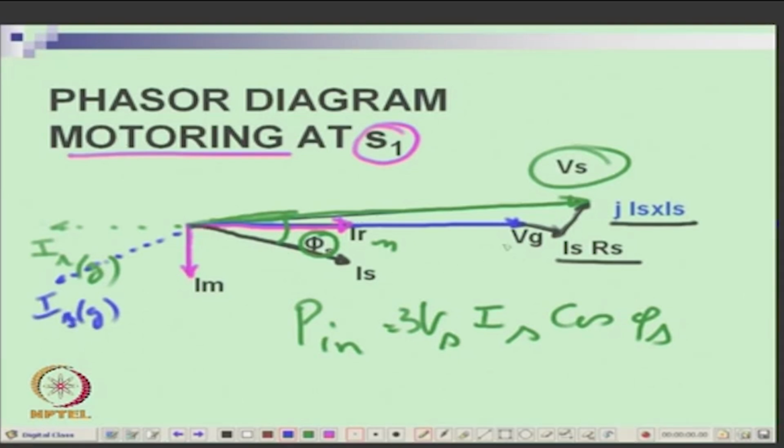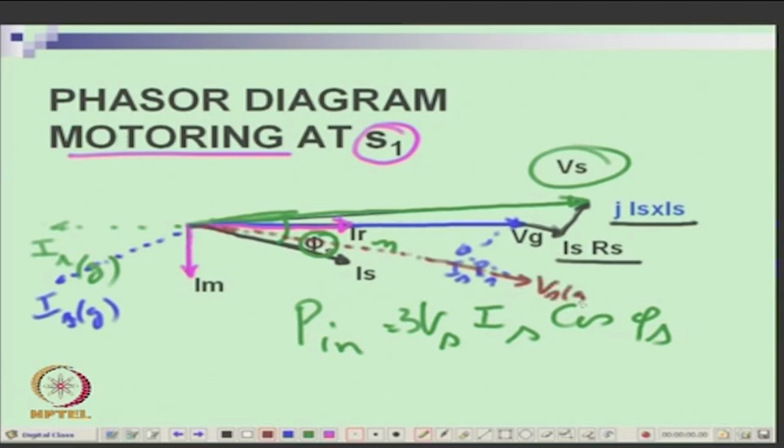Then again with Vg plus IS, so you may have somewhere here, this will be IS RS, okay, and where will be IS XLS? Somewhere here, okay. So, you might end up with some other, I am just making this more like a dot.